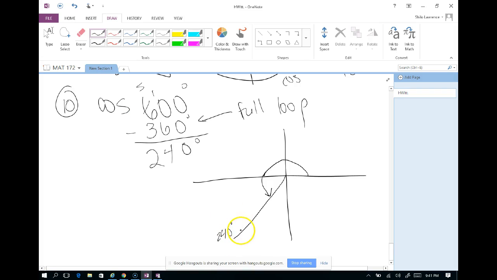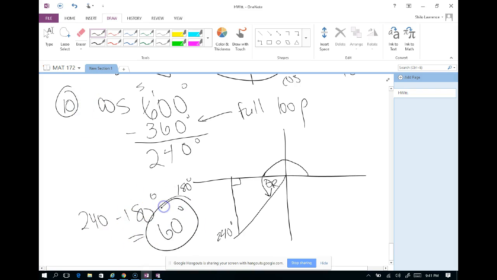The reference angle is the distance to the closest piece of the x-axis. And since we're in quadrant 3, the closest piece of the x-axis is the negative x-axis, which is 180, and the reference angle is the distance between them. So 240 minus 180, which is 60 degrees. So our reference angle is 60 degrees.